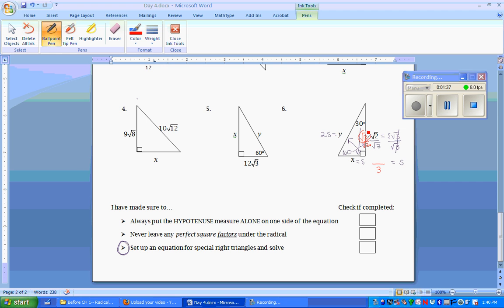So the square root of 3 times the square root of 2 is the square root of 6, but we still have this 2 right here. So 2 root 6 over 3 is our S value, which again is this side over here. So we have 2 root 6 over 3 for this measure.